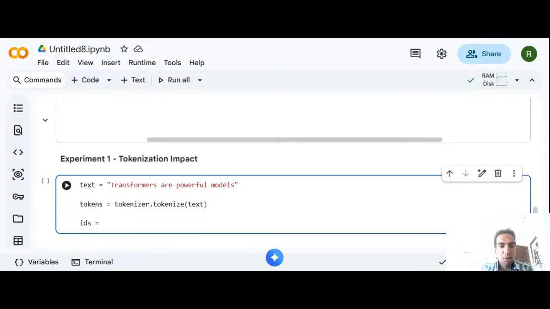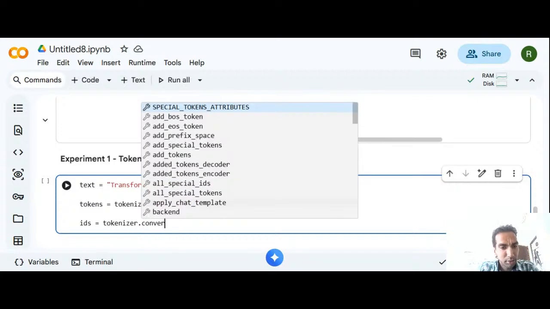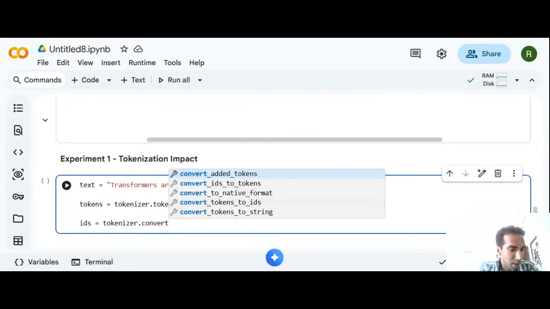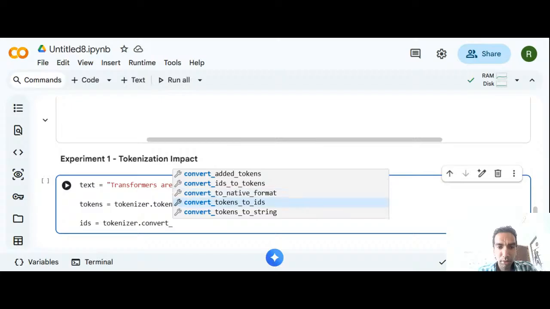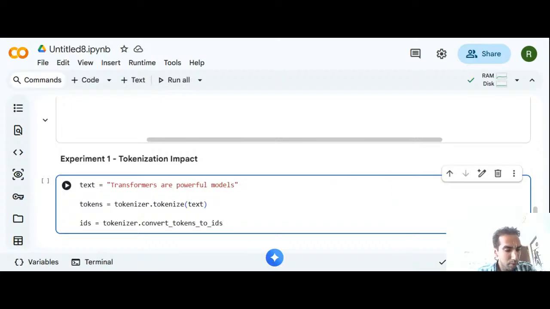In Java we have a tokenizer, right? Yes, sir. We will remove stop words, do the cleaning of the input sentence, and then finally we tokenize.